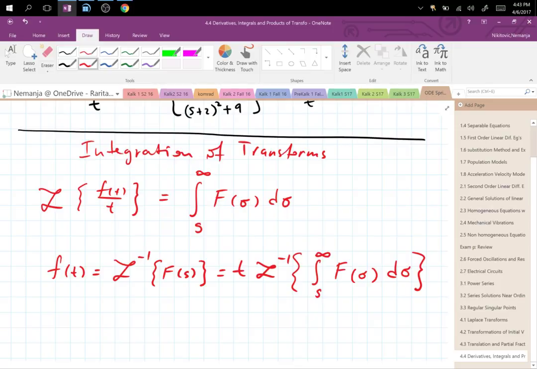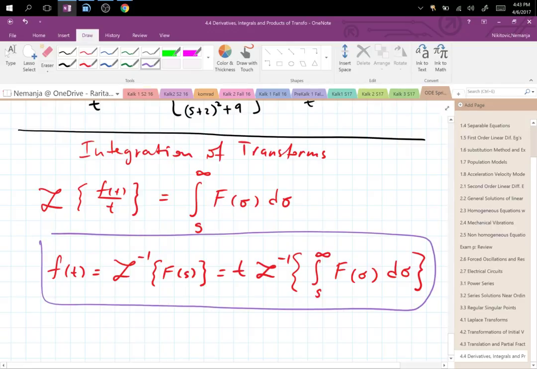When is it useful? Again, it's useful when it's the one on the bottom that we are going to use. So f of t, right? F of t is the inverse Laplace of F of s.